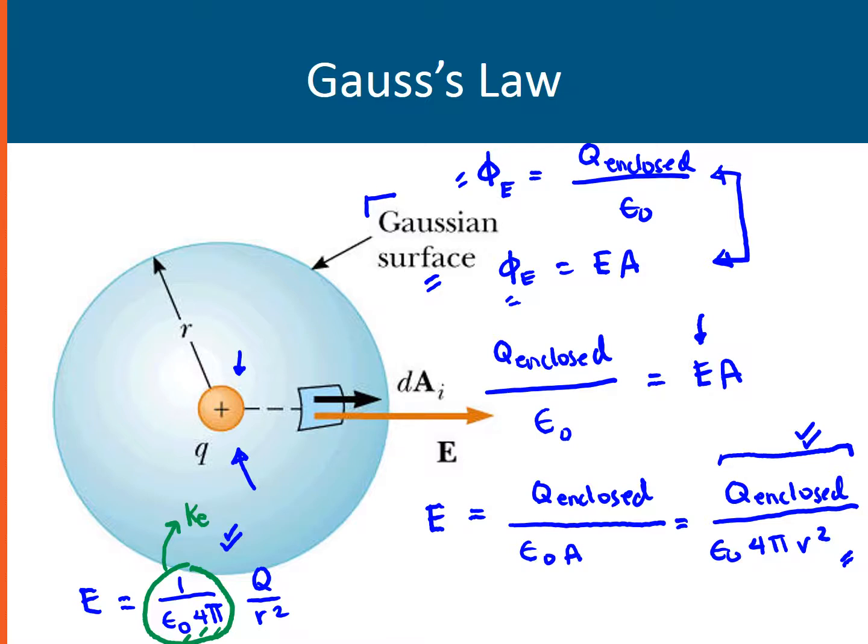And therefore, we could rewrite this entire equation so that the electric field is equal to Ke Q over r squared. And this, in fact, is the formula for the electric field of a point charge.